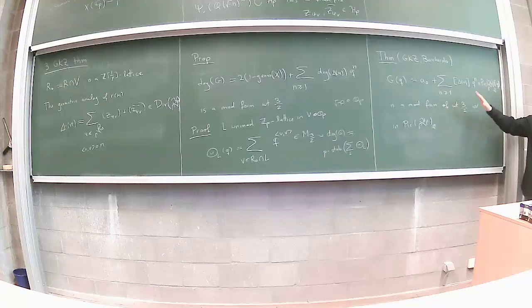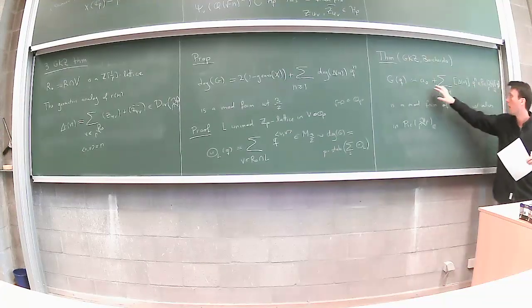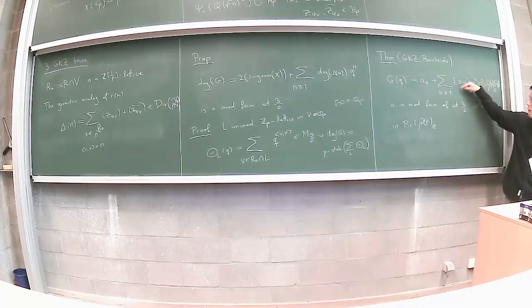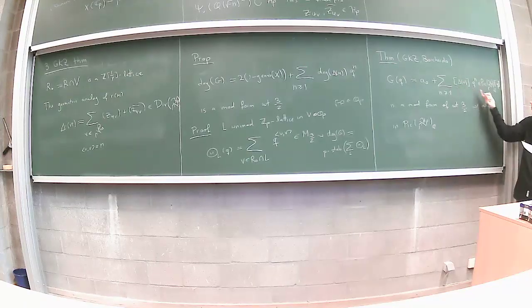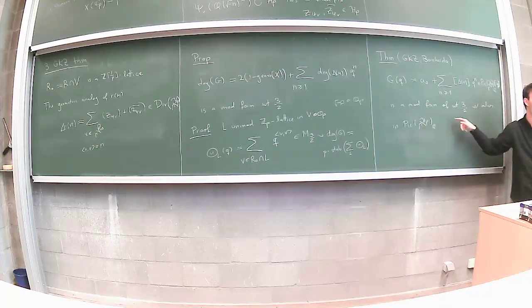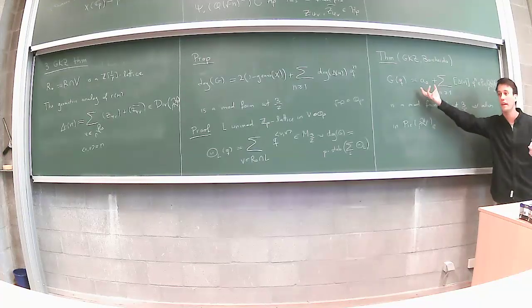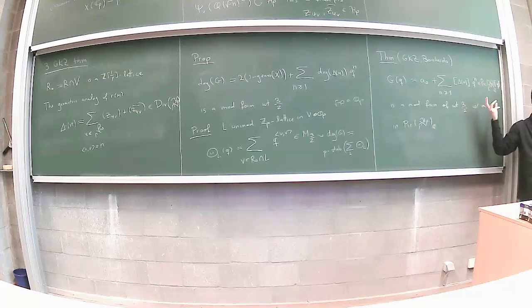So here there's a new object I have to introduce, which is what it means to be a modular form with values in a group. Like before, the modular forms had q-expansions that were numbers, and these were just functions, but now it's a bit more involved because the coefficients are elements in the Picard group. What this means is that for every functional from the Picard group to, let's say, the complex numbers, if you apply the functional to each of the coefficients, you'll get an honest expansion, and the claim is that this is a modular form.